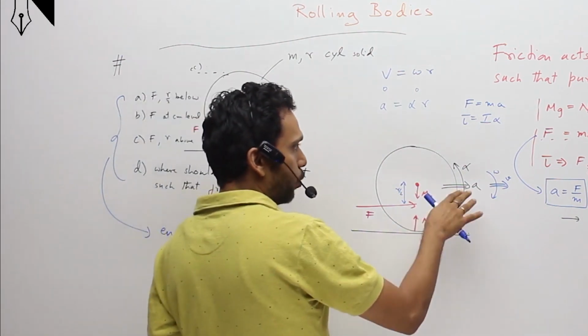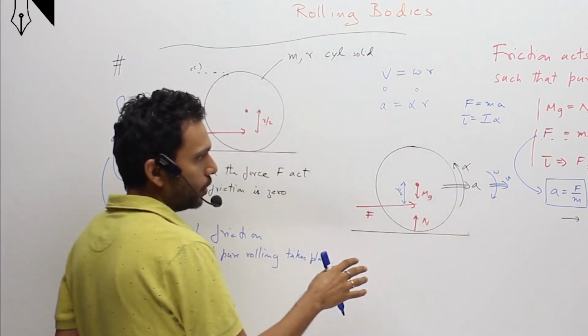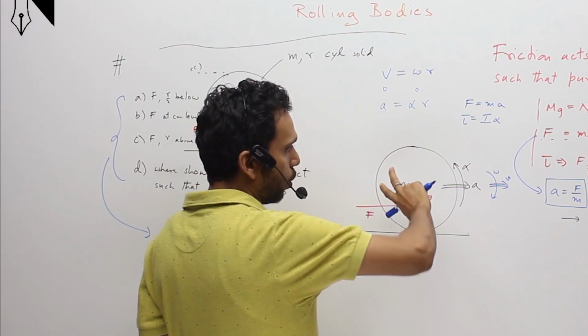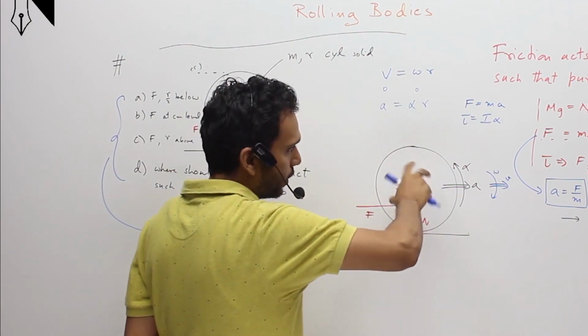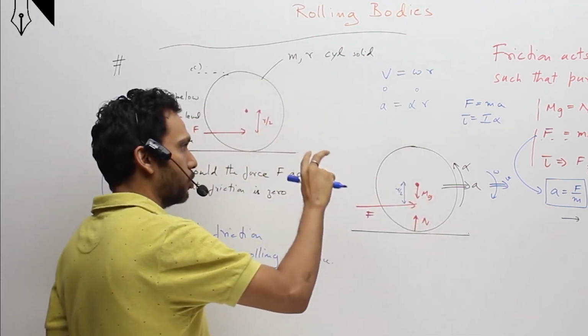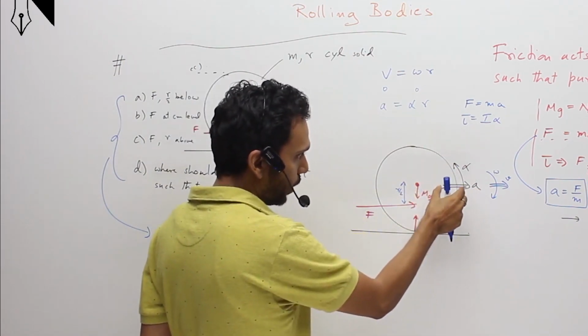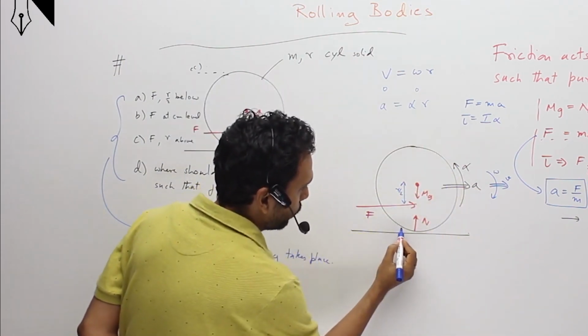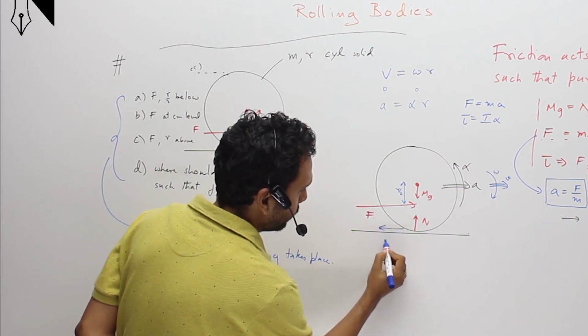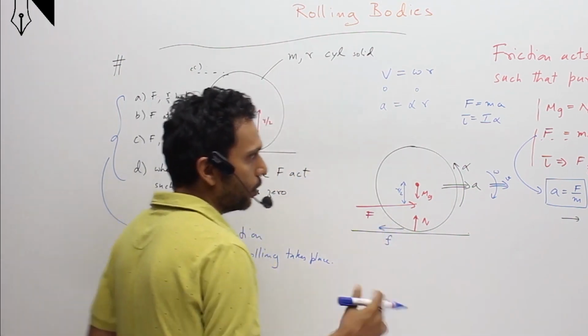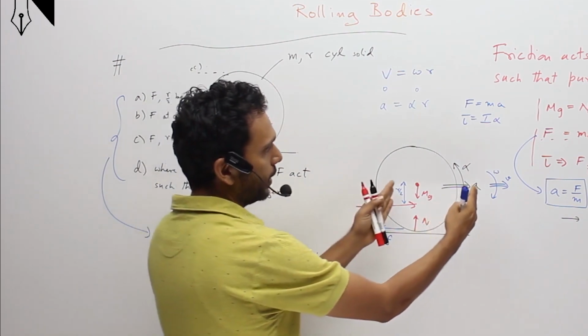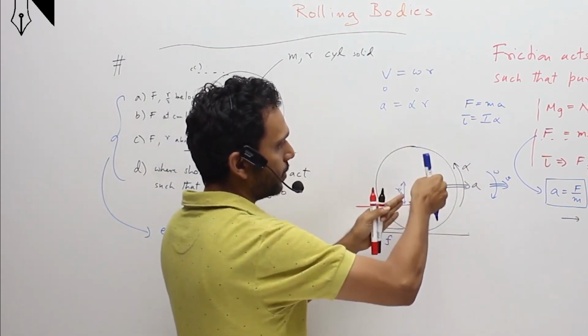Hence, to make it go forward, we have to have a torque in this direction. That is not only going to make your alpha forward, it is going to reduce your a also. So f in this direction is going to help my cause, making the a less and increasing the alpha.